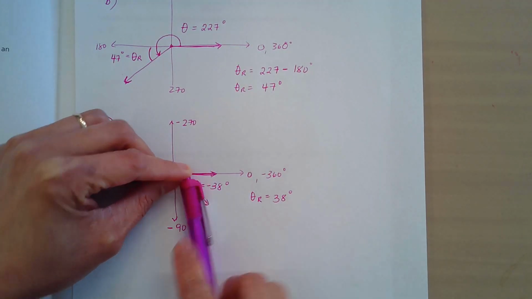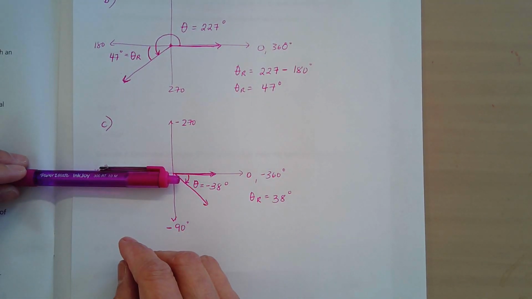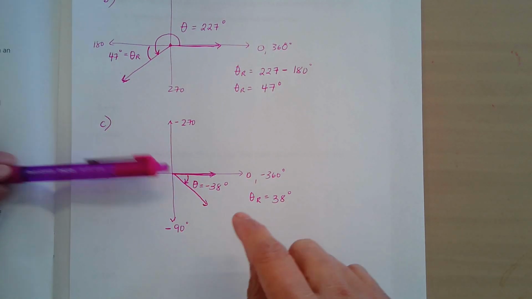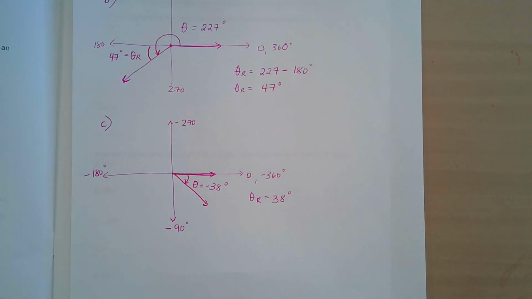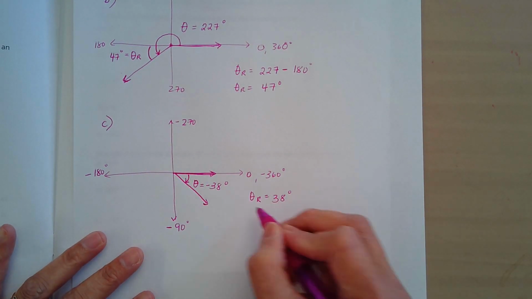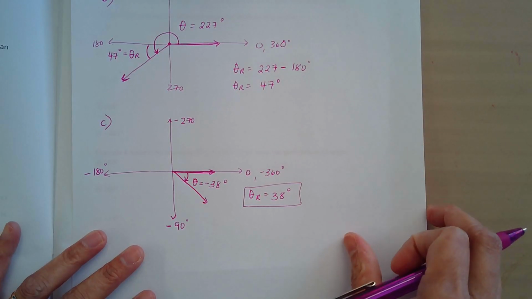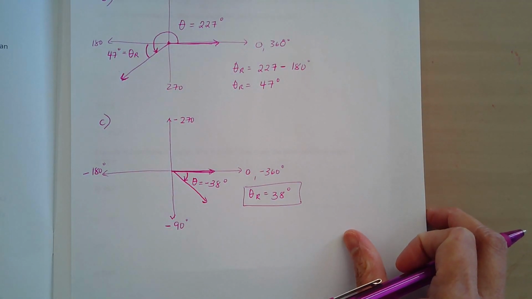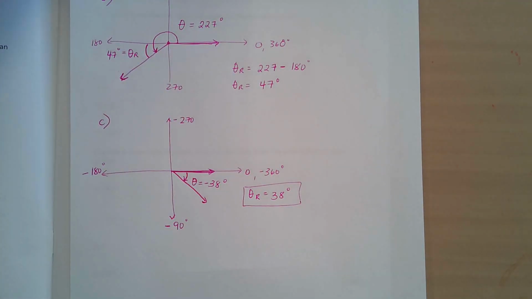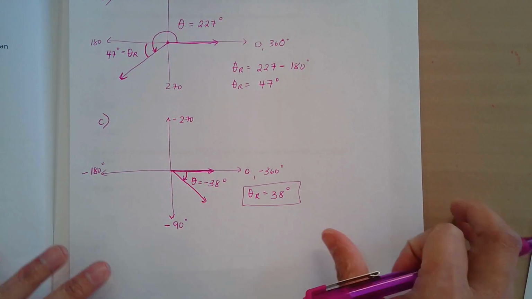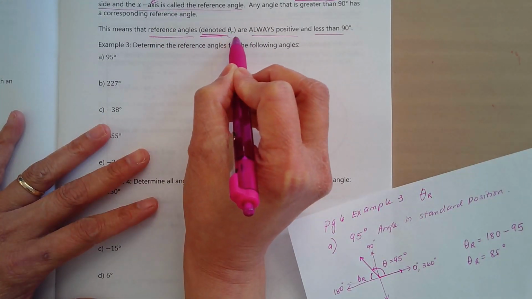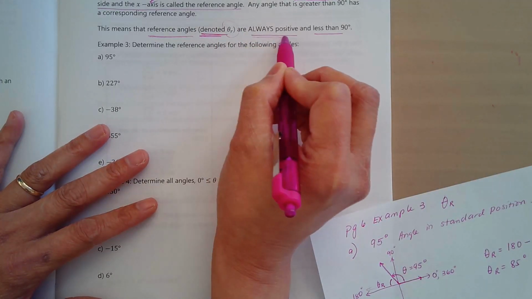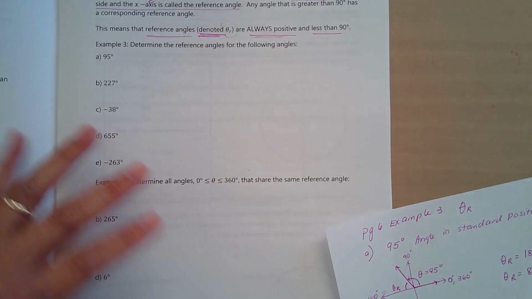We wouldn't take the terminal arm here and this as the x-axis, because the reference angle has to be less than 90 degrees. So far so good? These are building blocks. We're going to see this over and over again later. It's positive because it says here, the reference angle, denoted by theta r, has to always be positive and less than 90.